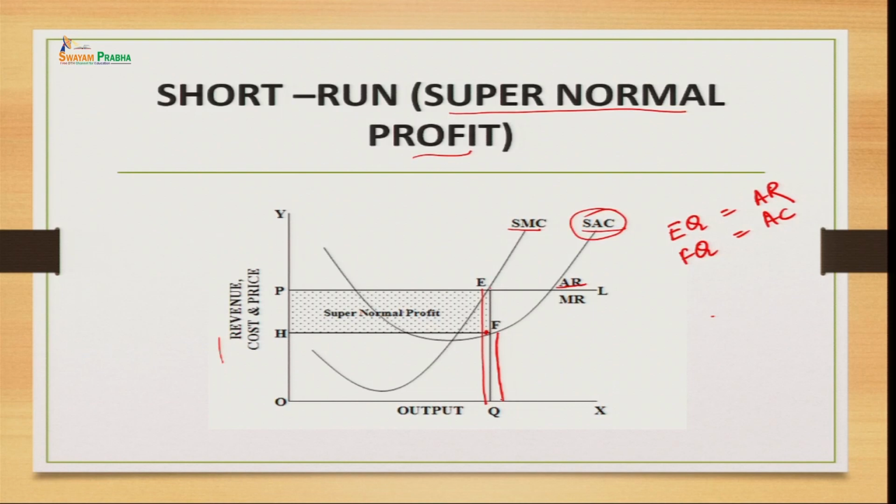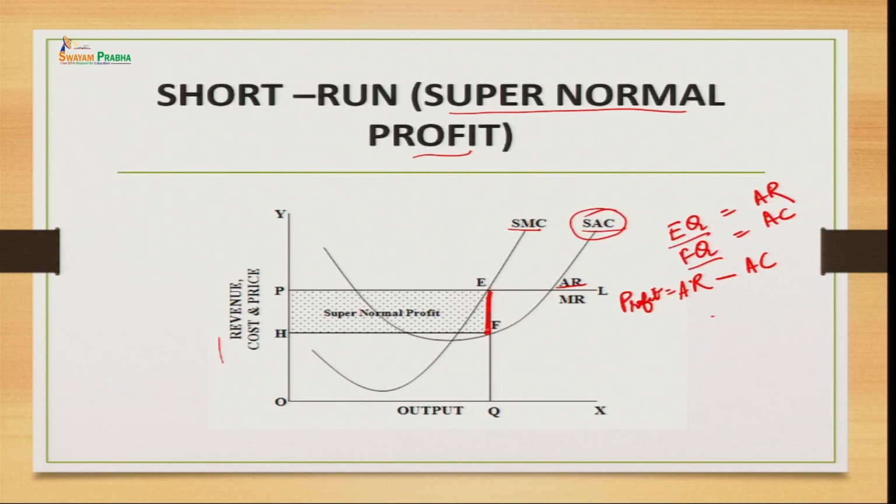And to calculate the profit of the firm, we deduct: average revenue minus average cost, we will be able to find out the profit, right. So, this is the revenue and this is the cost. So, this EF is the profit per unit. The difference between EQ and FQ is EF, right.